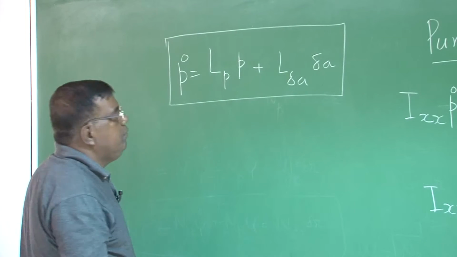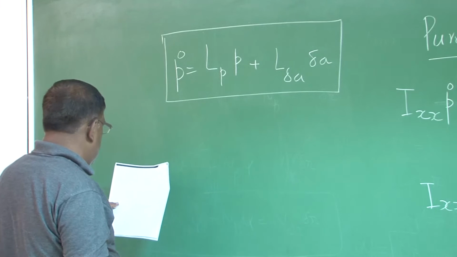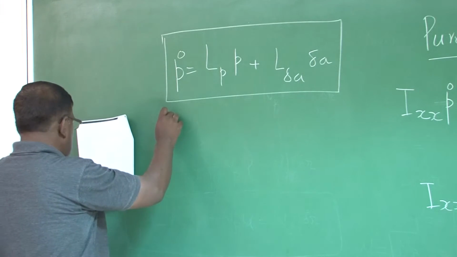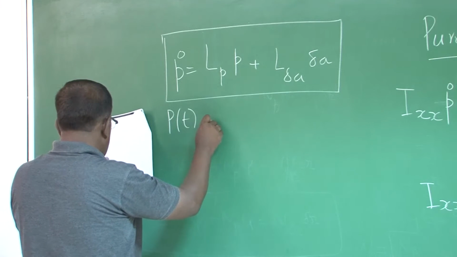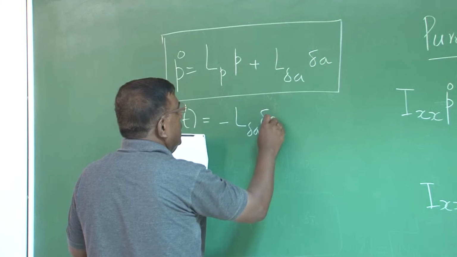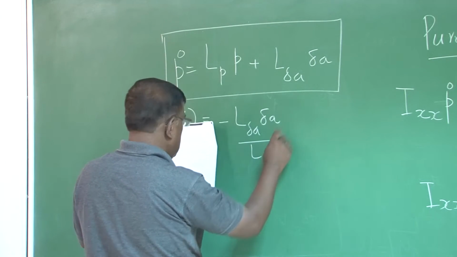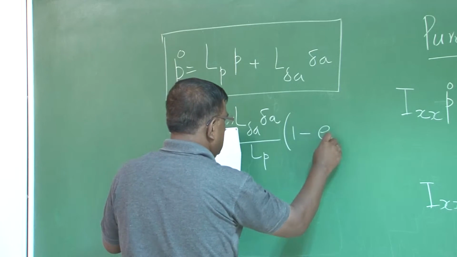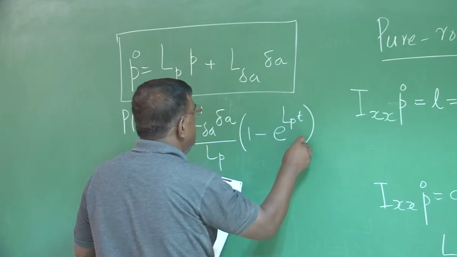This is a first order differential equation, and you can easily find the expression of p, which will be given by minus L_delta_A into delta A, let me write this, divided by L_p into 1 minus e to the power L_p t.